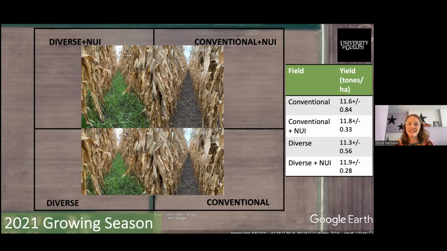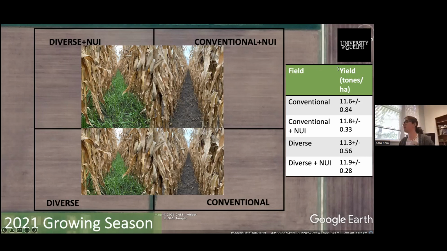Just because we're not seeing statistically significant differences between these yields, statistical significance isn't necessarily significant to the farmer. They're going to feel those differences in yields. So yeah, I'm very much aware of that.